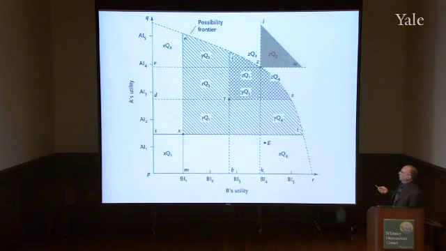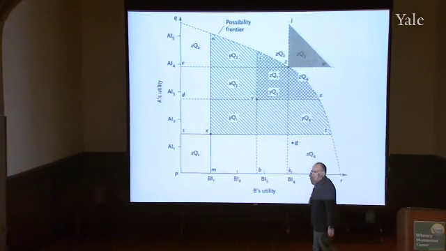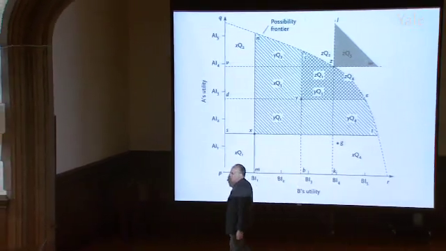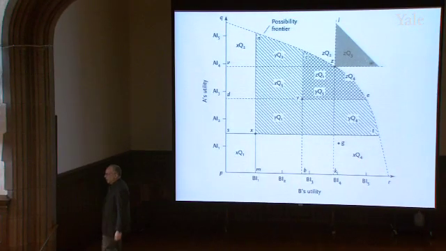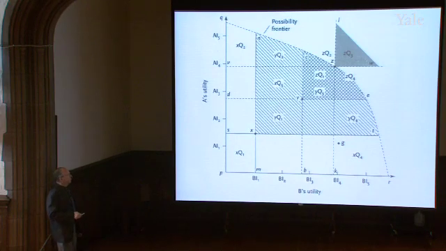So A is trying to go this way, and B is trying to go this way. And what we imagine is some distribution of utility between them. So A has this much utility, if this is the status quo, X. A has this much utility, and B has this much utility. A's happier than B, right?